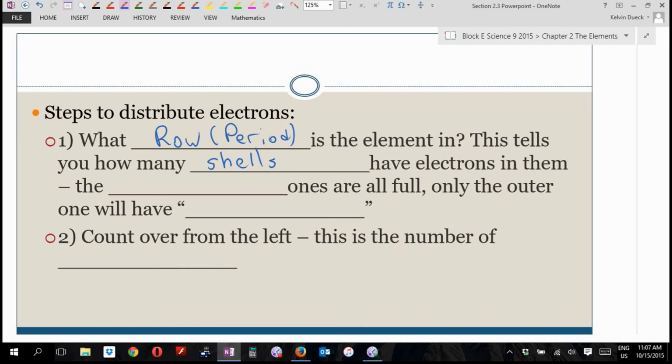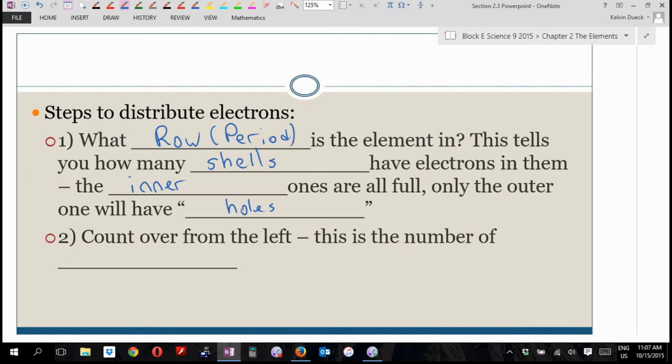And if you're trying to draw the atom, it also tells you that the inner shells are all full, the ones above it. Only the outer shell will have, I'll call them holes, I don't know, missing electrons. Gaps. You know what, next year I'll use the word gaps. That's a better word.